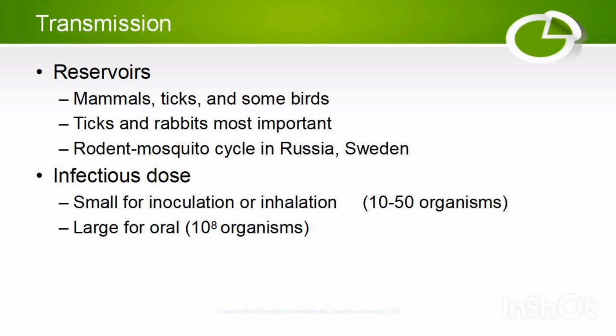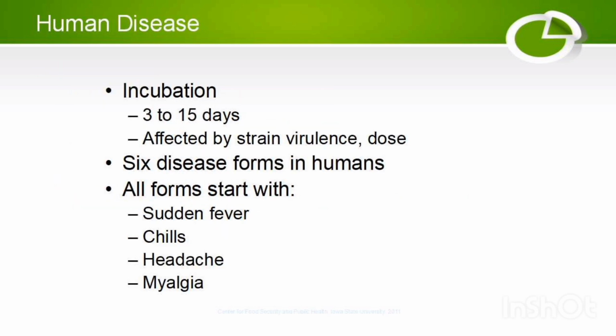People can become infected by as few as 10 organisms via the inoculation or inhalational route, but require a larger dose by other routes. The severity of the infection and incubation period in humans varies depending on the subspecies, route of infection, and the dose.